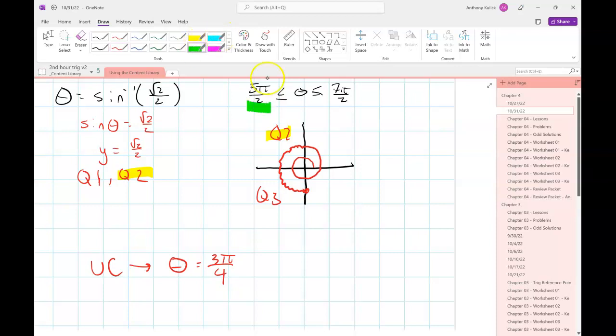But I can see right away that 0.75 pi is not between 2.5 pi and 3.5 pi. What do I have to do to it? I have to add 2 pi. When I make a common denominator, that gives me 11 pi over 4. That's 0.75 plus 2, so 2.75 pi, which is between 2.5 and 3.5. So that's my answer.